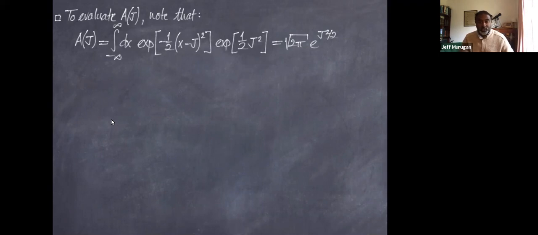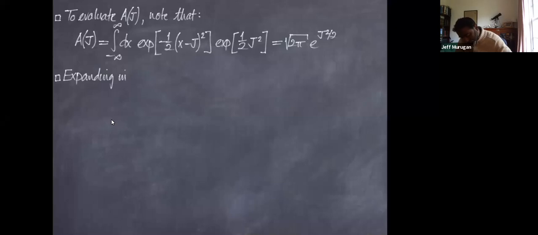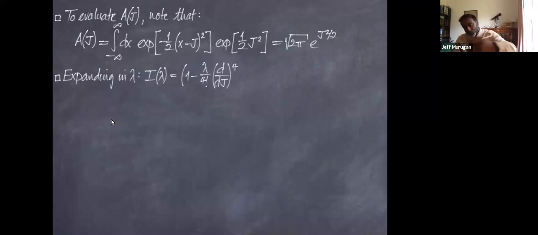So let's use this to estimate then I of J. So expanding in lambda, we find then that I of lambda is, expanding the exponential, 1 minus lambda over 4 factorial times 4 derivatives, so that means d by dJ, d by dJ, d by dJ, d by dJ, plus higher order terms.